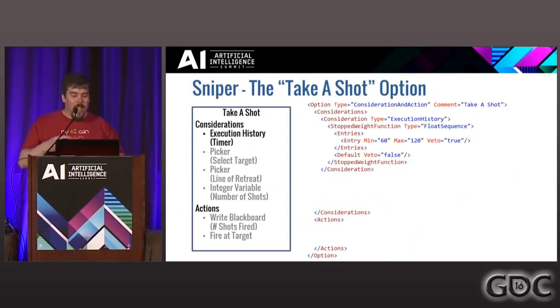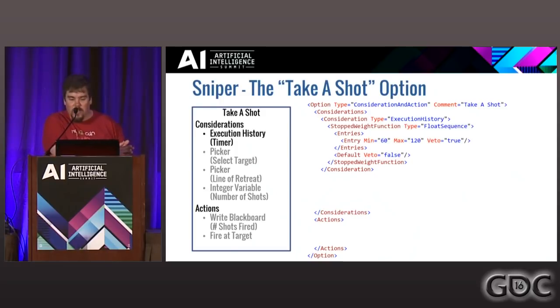And that execution history consideration is going to just pass the amount of time since we were last executing into this wait function. The wait function is a float sequence, so it's going to divide that floating point possible values into, in this case, two areas. One that's less than some random amount between 60 and 120. And in the case that it's in between, say 73 is the number that's picked, right?